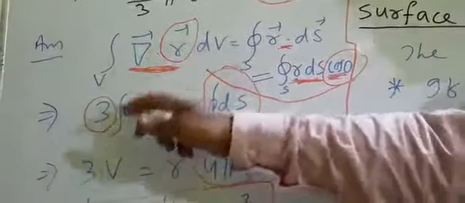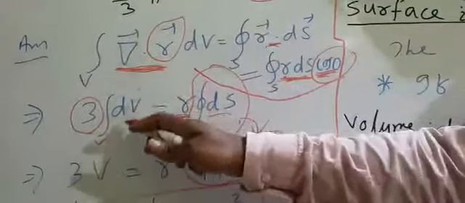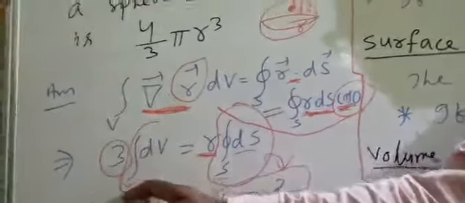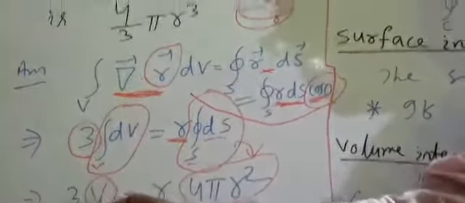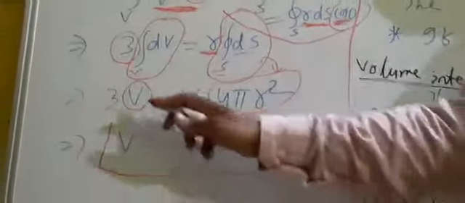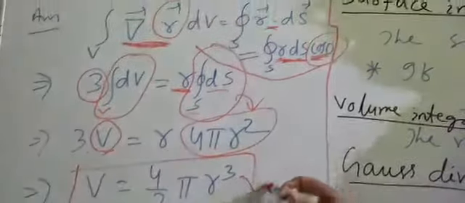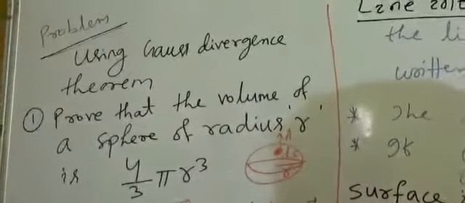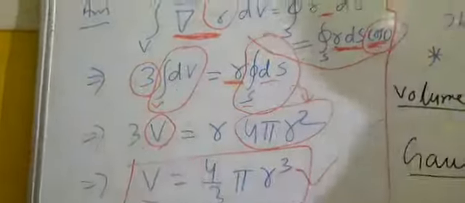So it is 3 times the volume integration dv over the entire volume of the sphere, which is 3v. So 3v is equal to r times 4 pi r square. Then you will find v is equal to 4 by 3 pi r cube. In this way you get the volume of the sphere as 4 by 3 pi r cube. Then come to our next problem.